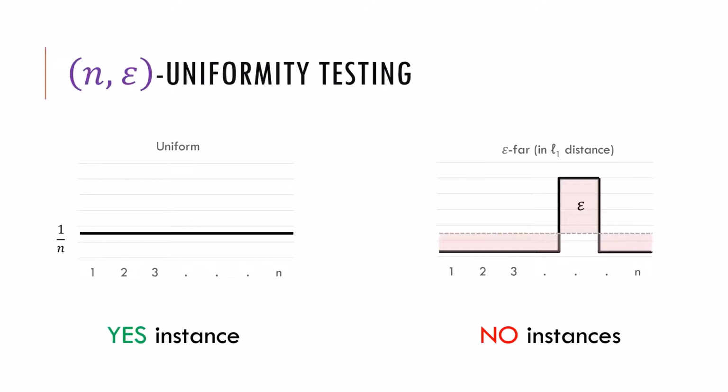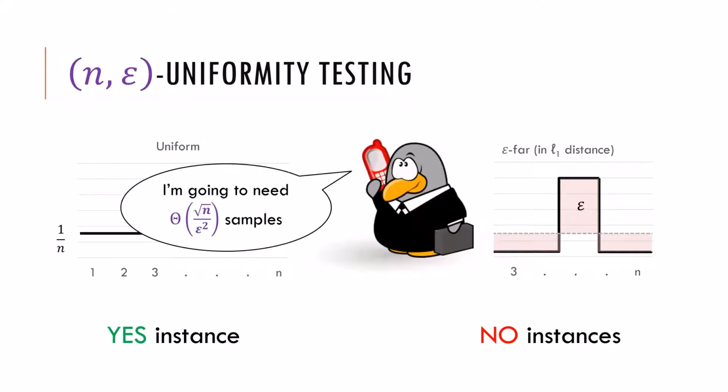The yes instance would be the specific uniform distribution over all n elements, and the no instances would be every distribution that is epsilon far from uniform. And by epsilon far, I mean in L1 distance, or otherwise statistical distance, total variation distance, these are all the same, up to a constant factor.